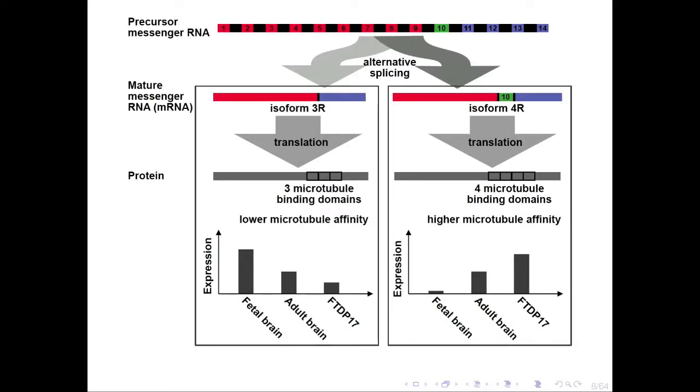It turns out that in many diseases of the nervous system, for example, frontotemporal dementia with Parkinsonism, there's an observed imbalance between these two isoforms. While in this particular example you see greater expression of the 4R isoform compared to the 3R, there are also examples, including Alzheimer's, where the ratio is the other way around.